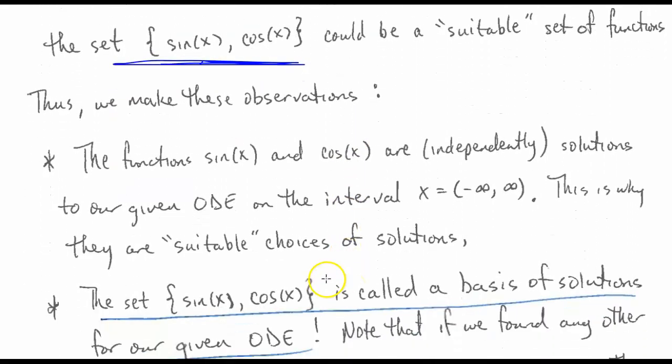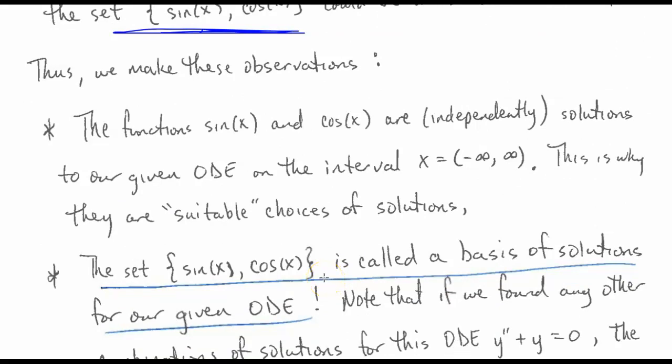Now, from this, we make these observations. So the functions sine x and cosine x are what we call linearly independent solutions to our given ODE on this interval here, okay? And so this, you should say independent solutions.